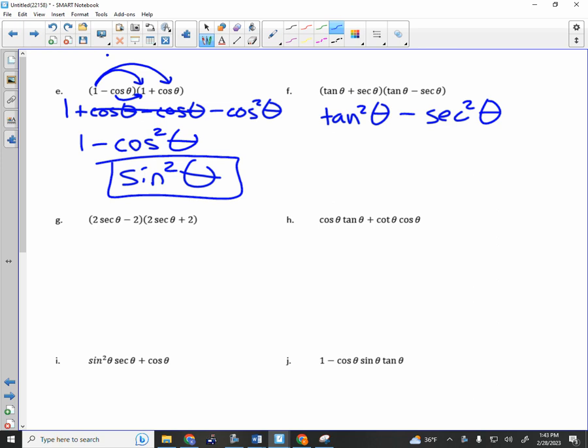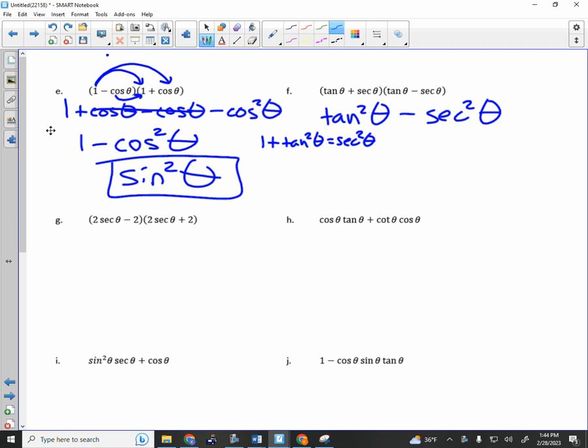It is negative 1, but why? Let's look at it two ways to see why it's negative 1. And by the way, this is problem number 5 from your worksheet from yesterday. I'm going to start with our known identity, which is 1 plus tangent squared of theta is equal to secant squared of theta. Everybody agree that that's a formula that we have?